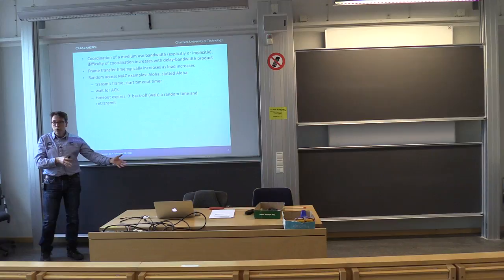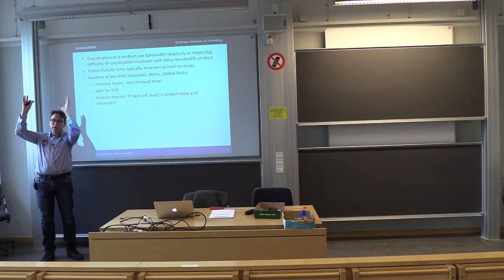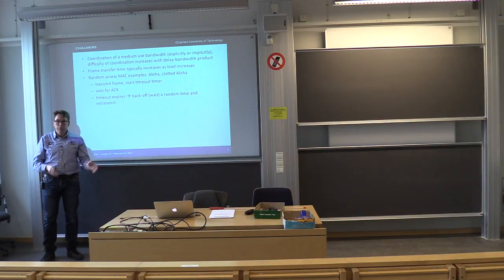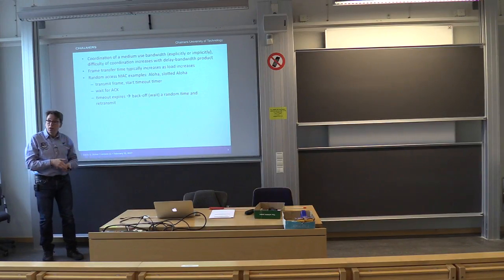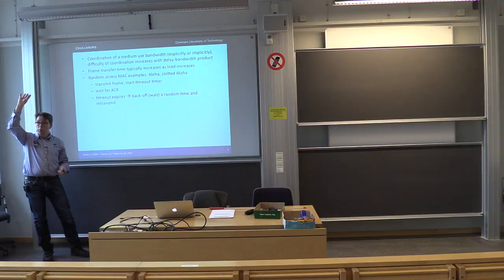If there is no acknowledgement before the timeout expires, I retransmit it. And I keep on doing that until I get an acknowledgement. When I get an acknowledgement, I can accept the next frame from above. So while I'm in retransmission, waiting for the ACK, the upper layer is blocked. So I cannot transmit any more frames.